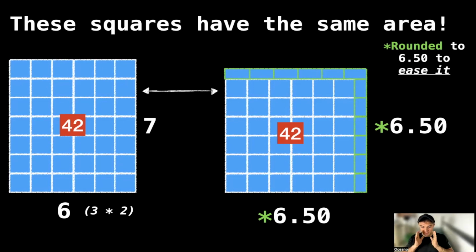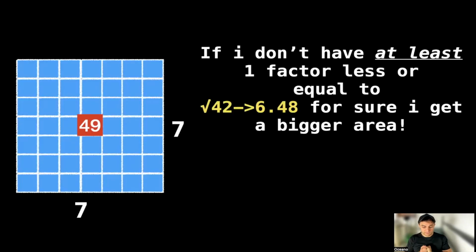I'm sure that one of the factors is always less than or equal to the square root of the value itself. Hopefully, with this visual, it's easier to understand. So with 42, I'm sure that one of the factors is less than 6.48 for sure. Otherwise, if I have two 7s, it's not going to work. Of course, this is a 2D representation, but if I want, I can also make a 3D representation. This is just for ease of comprehension.